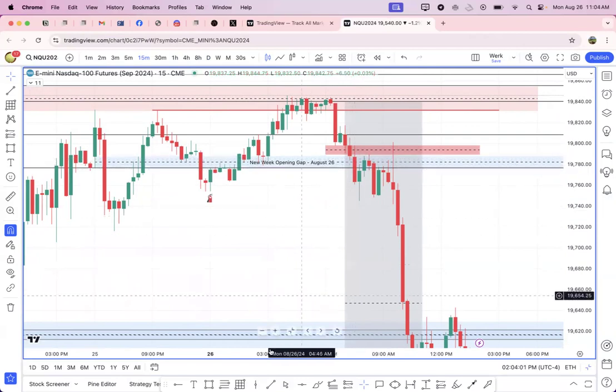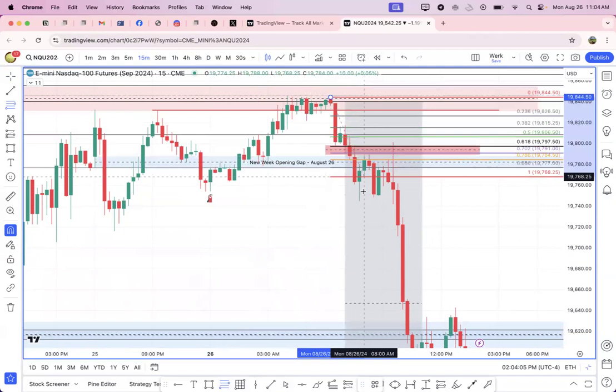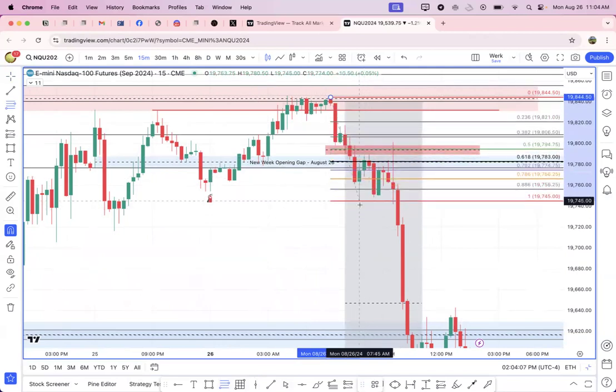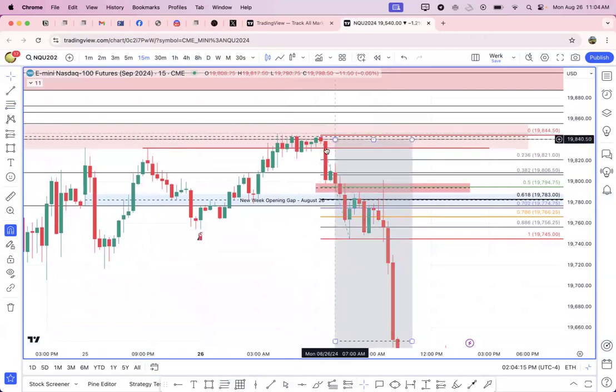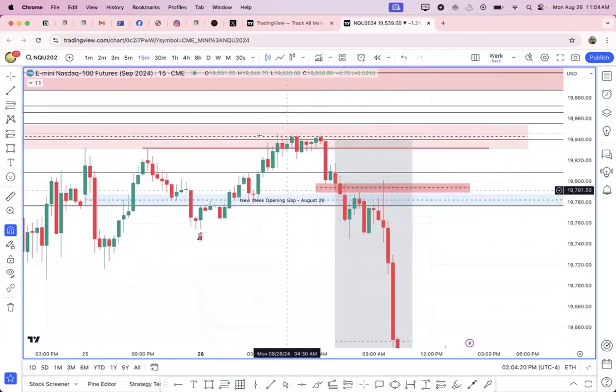I honestly don't. And I definitely would not be trading on a 15-minute chart. So I'm trying to get as close to that hourly fair value gap up in here as possible. So nothing on the 15-minute chart that I'm playing with.